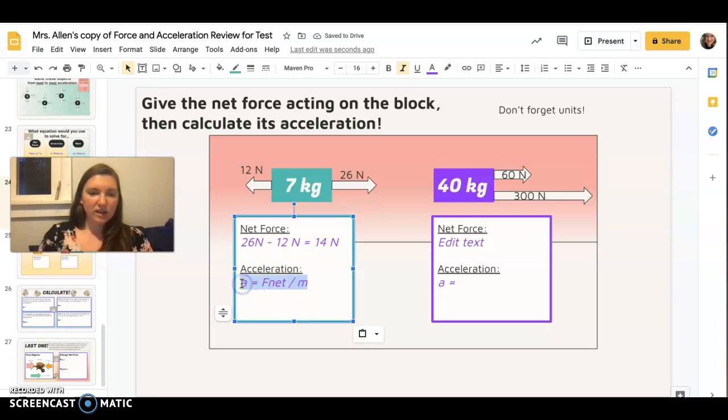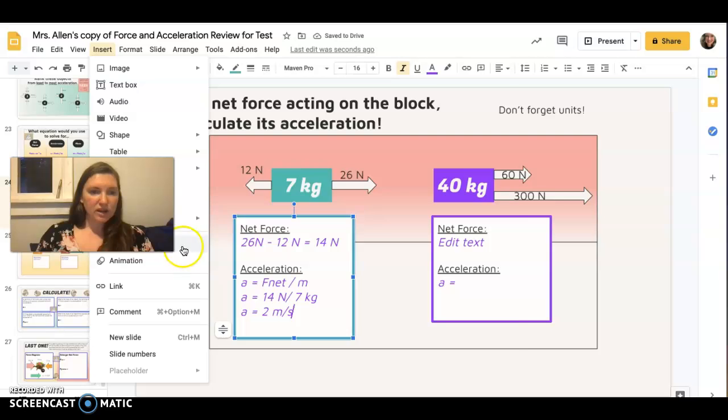Okay, our F net is 14 newtons and our mass is 7 kilograms. So I can do this in my head. Our acceleration is going to be 2 meters per second squared.